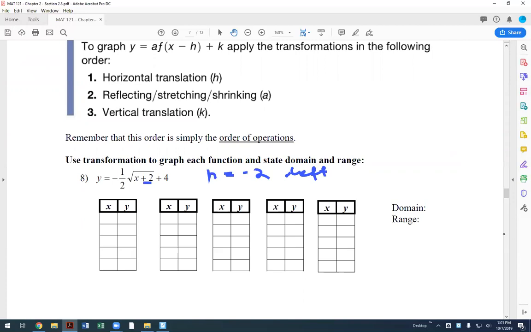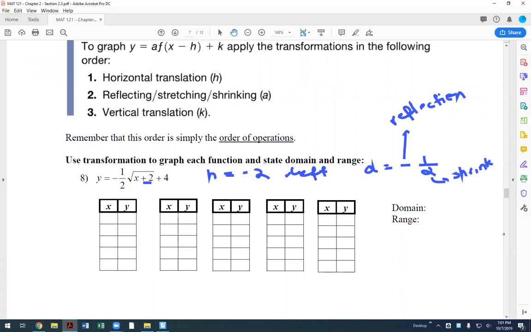What's the a value here? -1/2. Yeah, so the a has both a negative and a 1/2. The negative tells us there will be a reflection. And what does the 1/2 tell us? It's going to shrink. Yeah, very good. So that's a shrink.